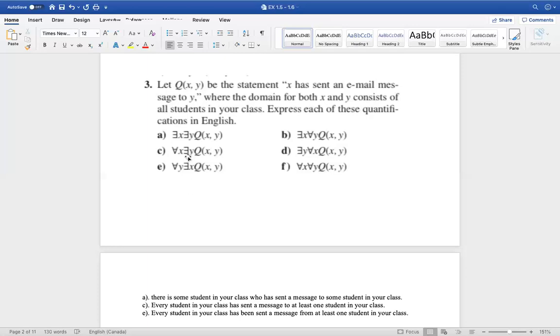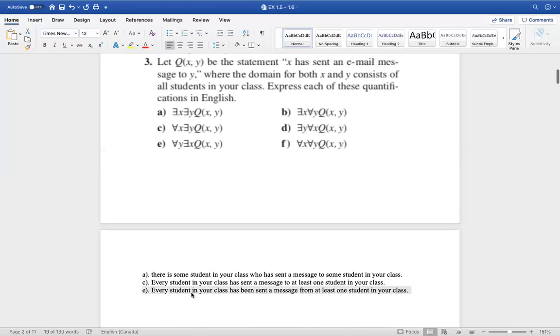Now here we have seen that just by reversing the order, so before here was X and here was Y, but now just by reversing the order, the statement actually reverses as well. So this is interpreted as every student in your class has been sent a message from at least one student in your class.